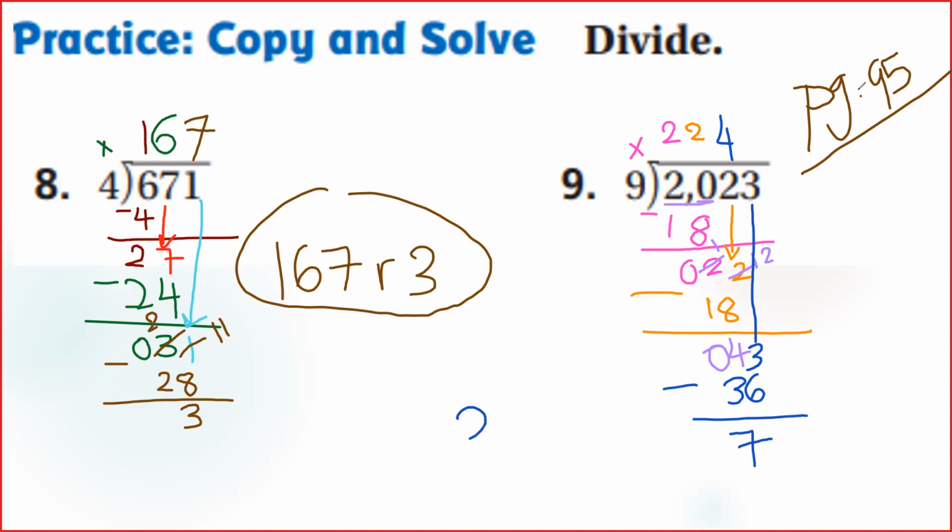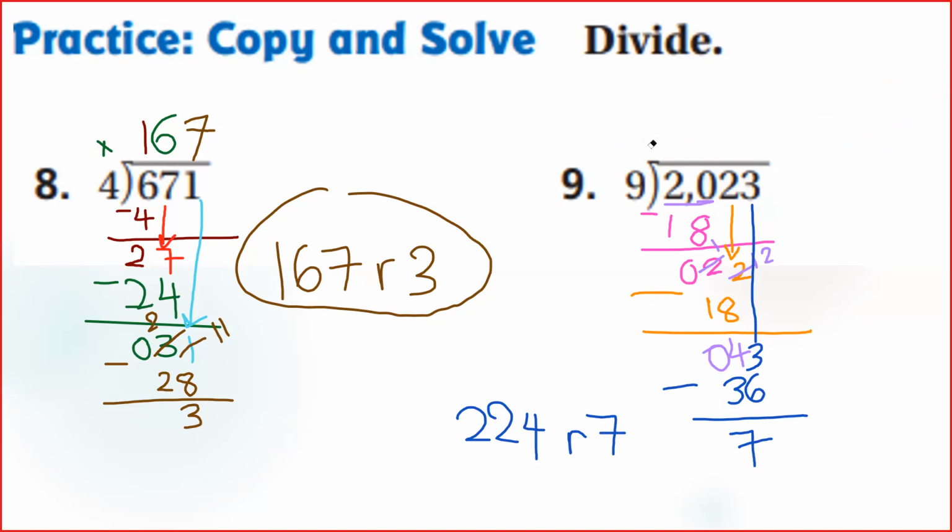You have to say 224, then R7. So you say 227 remainder 7.